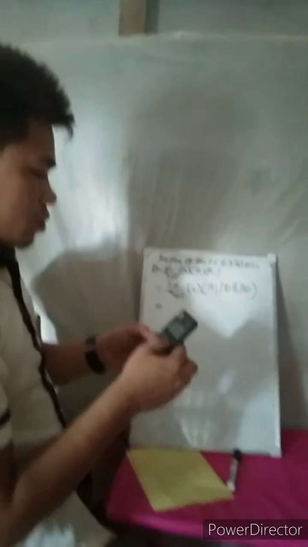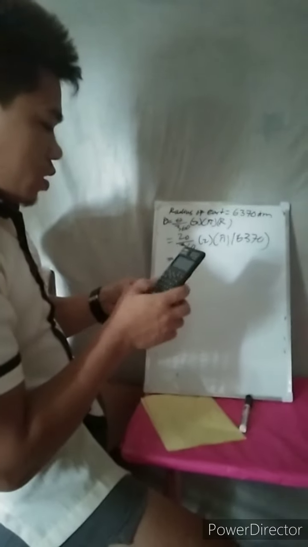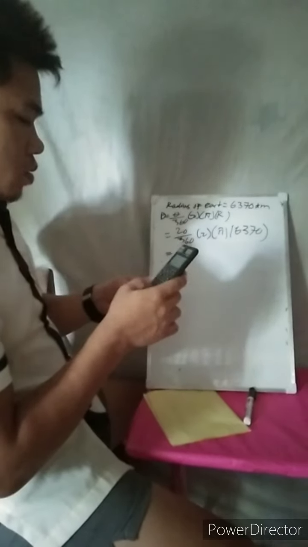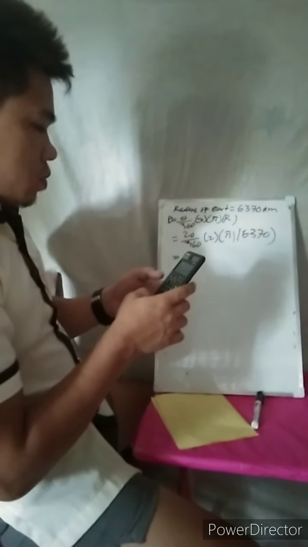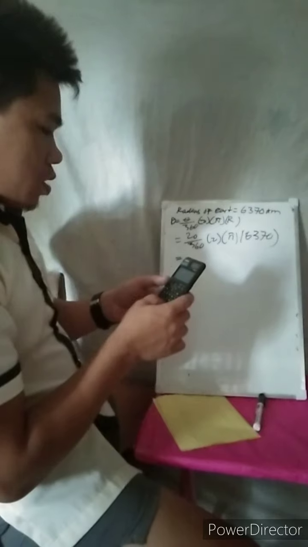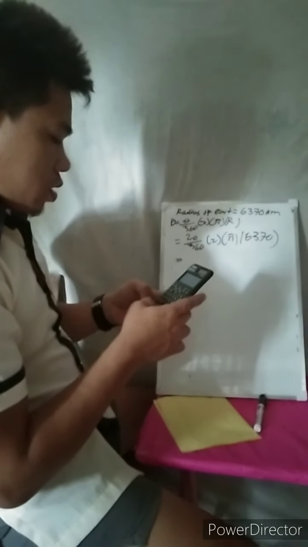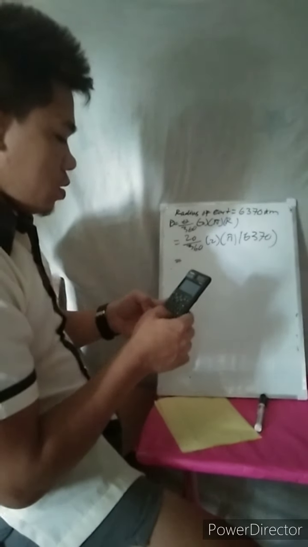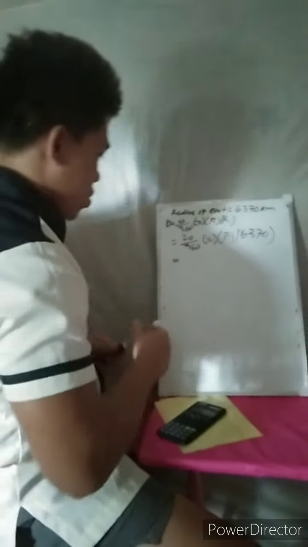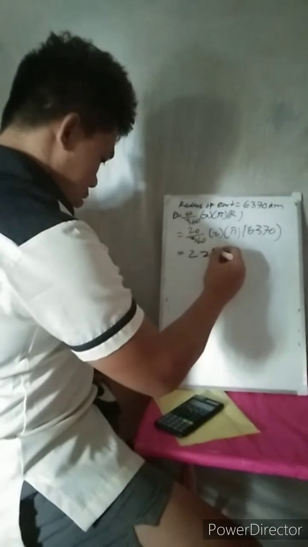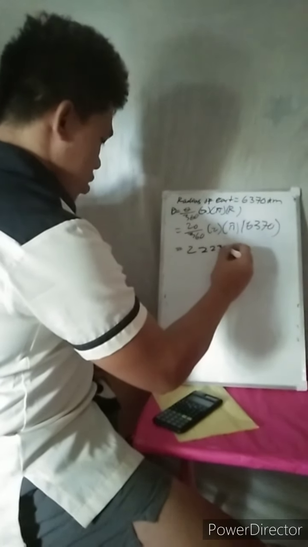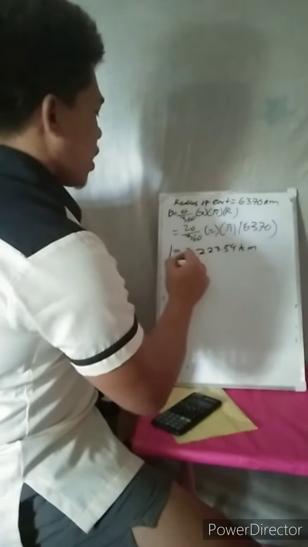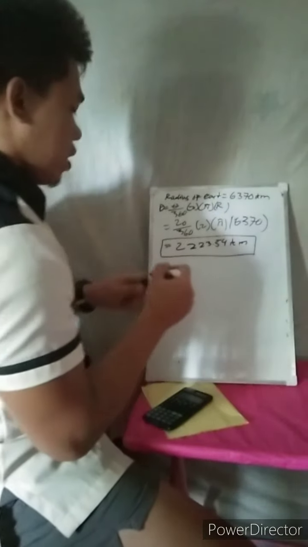distance equals 20 over 360 times 2 times pi times 6,370 equals 2,223.54 kilometer ang ila nga distance sa duha ka points.